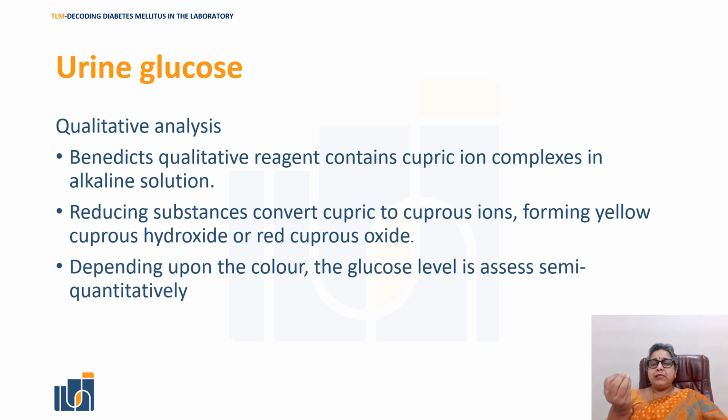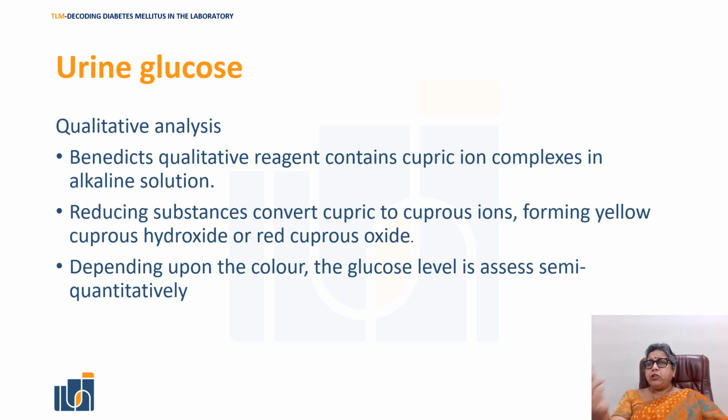So what happens here? The Benedict's qualitative reagent contains cupric ions in alkaline solution. Now the sugar, which acts as a reducing agent, will convert the cupric ion to cuprous ions, which forms yellow cuprous hydroxide, which then becomes red cuprous oxide, depending upon the amount of the reducing agent.